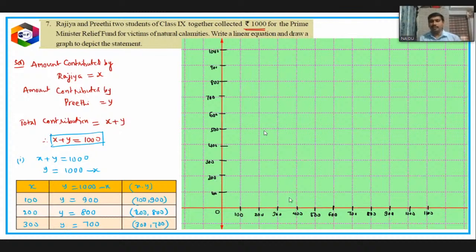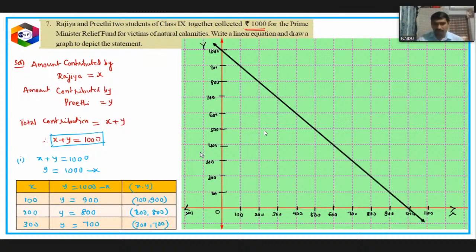So this is the positive direction of x-axis and this is the negative direction of x-axis. This is y, and x is relating to this. Children, observe carefully here. Actually, I made a small mistake here.